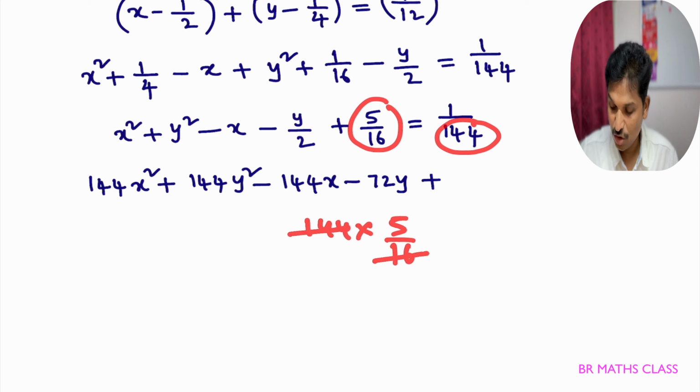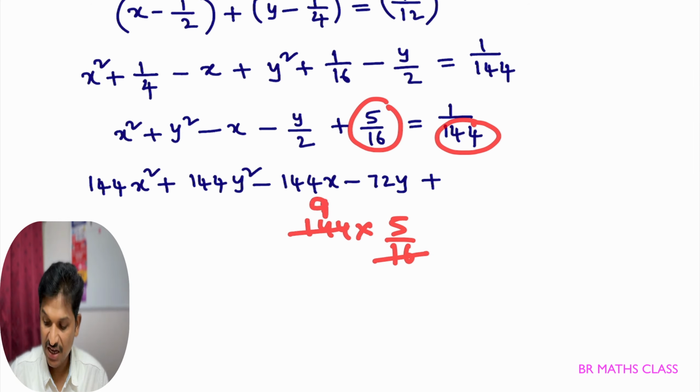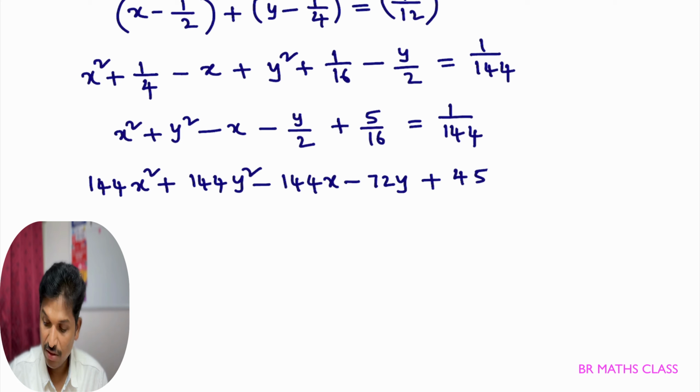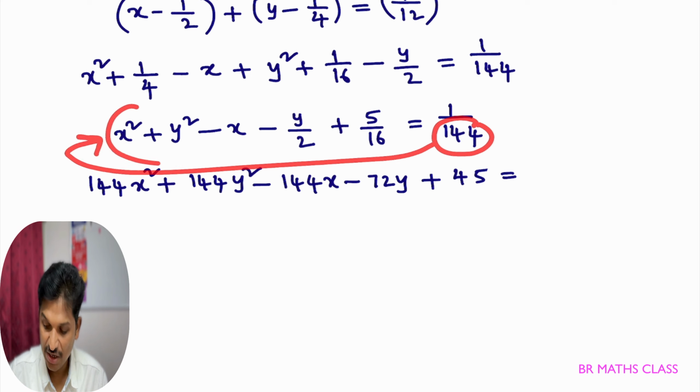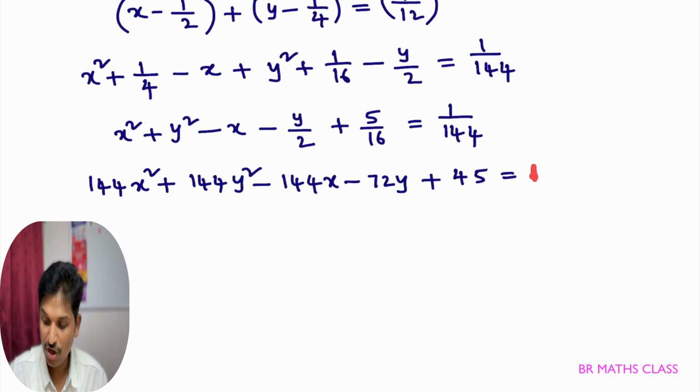This 16 in this how many times? 16 nines are 144. So here 9 fives are 45, right? 45 equal to, here actually what we did, we took 144 to this side and multiplied this whole thing. This side only 1 is remaining. You take that 1 also this side. 45 minus 1, that is 44.